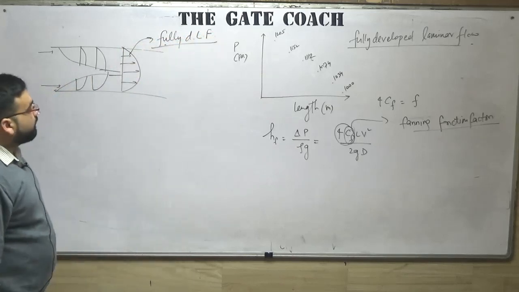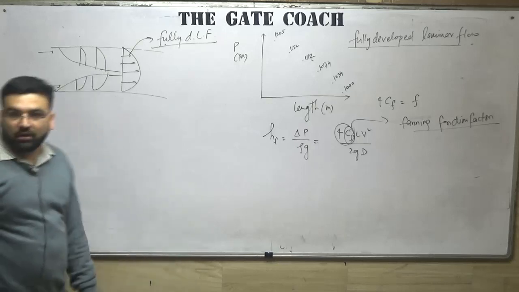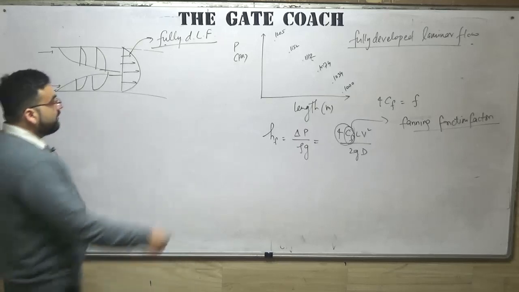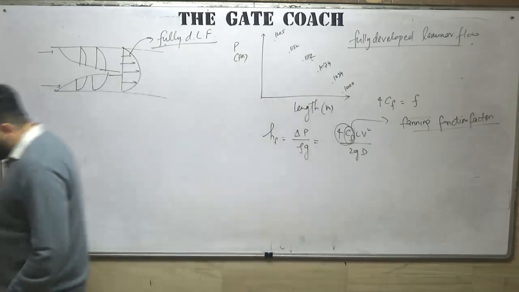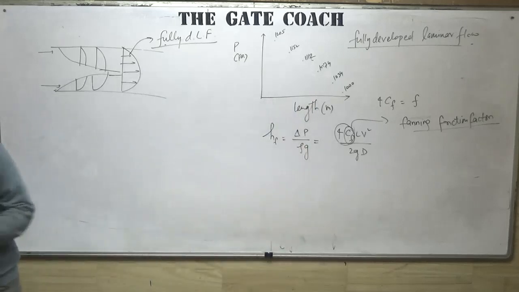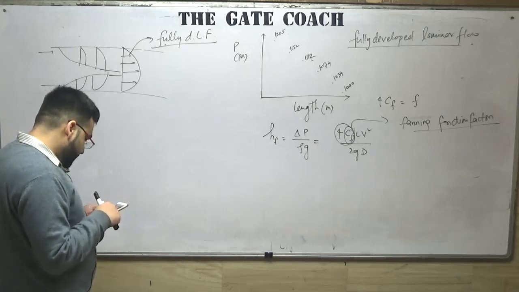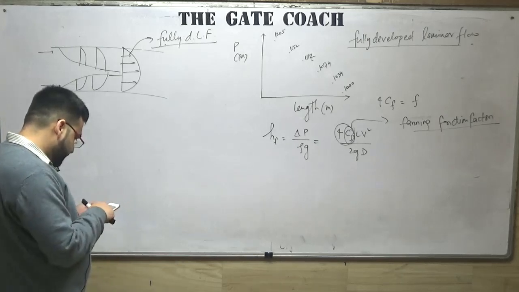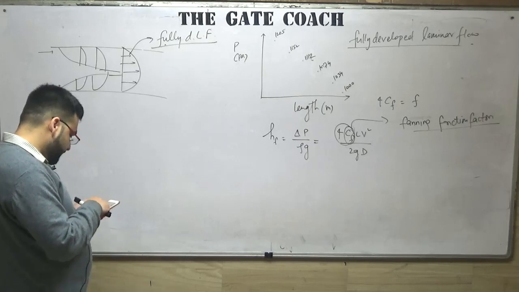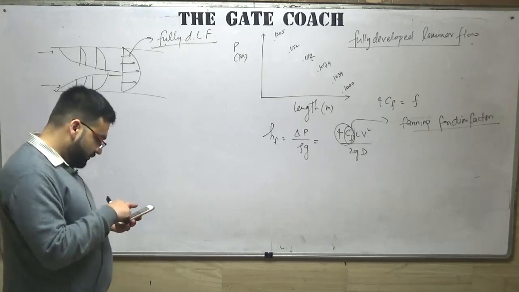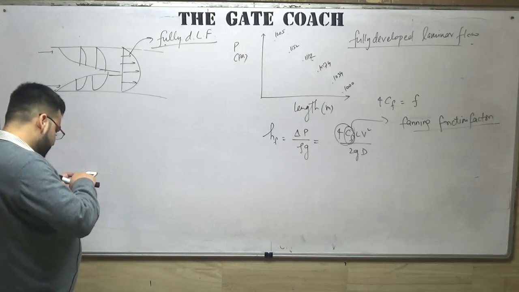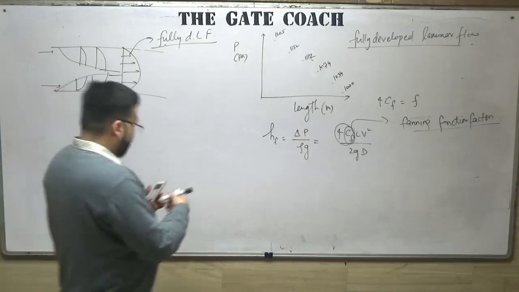Now how to solve it? See students, this value was also given. So what was the value? Just wait a second, I had these values also. These were the values, 0 to 1 meter.